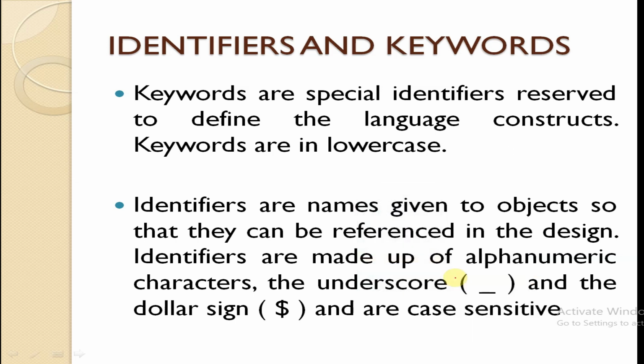So keywords are specialized identifiers reserved to define the language constructs. Keywords are in lowercase. These keywords are reserved, like in C we have int. Here we have input, output, and some other keywords.